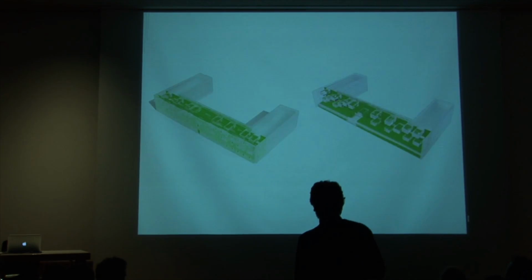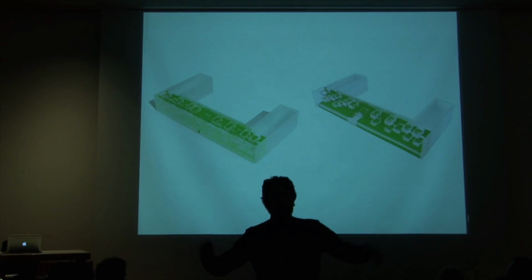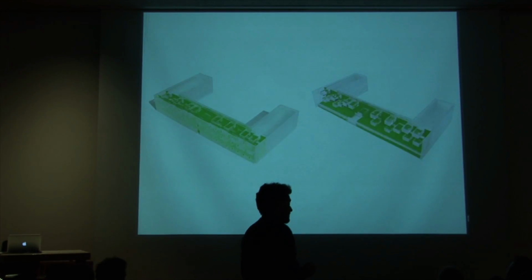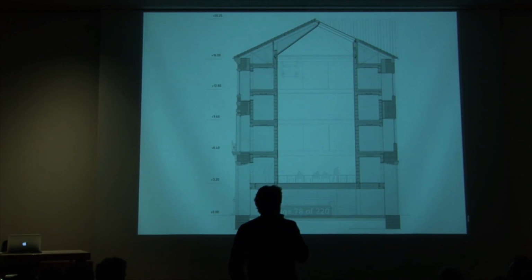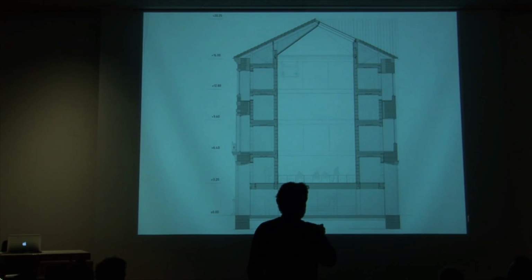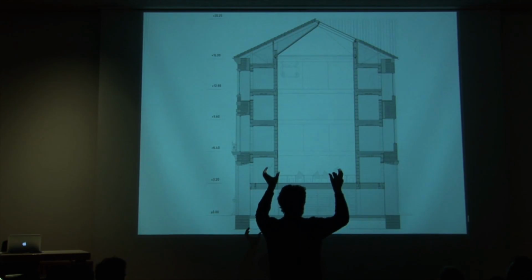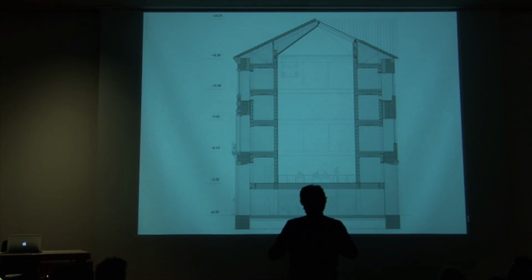So you see that the main reading space would become a big space of 100 meters long and expanding all inside the available space. Here in the section, you see that we respect the existing fabric, and we build another building inside with bookshelves on the sides, and those bookshelves would be steel structures that would hold the fabric, because this fabric was held by the former floors that we had removed.